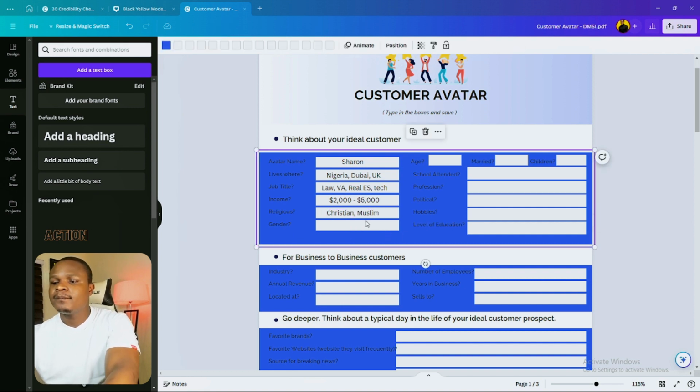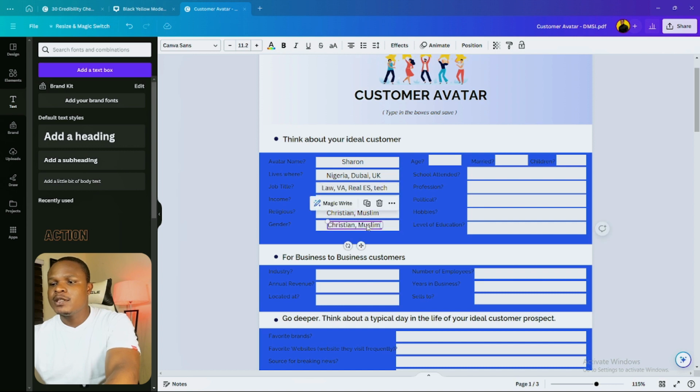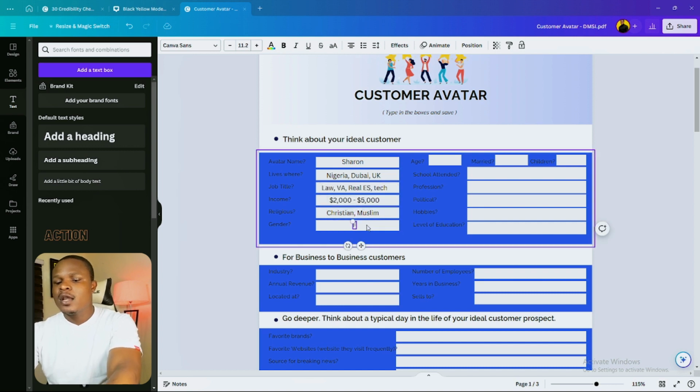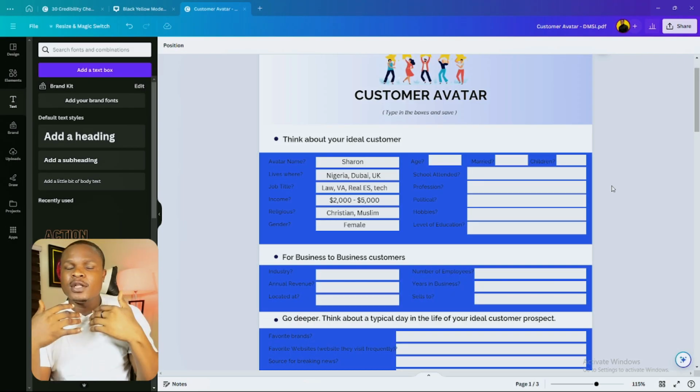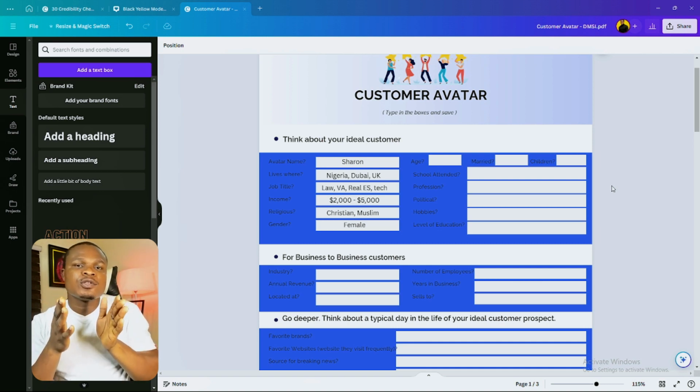Then gender, Sharon is definitely a female. Now, once we've had all this in place, we already know who Sharon is, where Sharon works, what Sharon earns, and what Sharon's religion is. That is already guiding us to who our customer is.